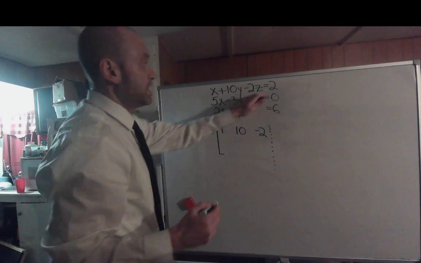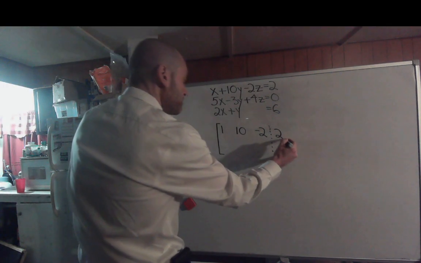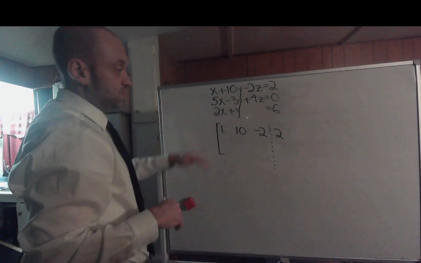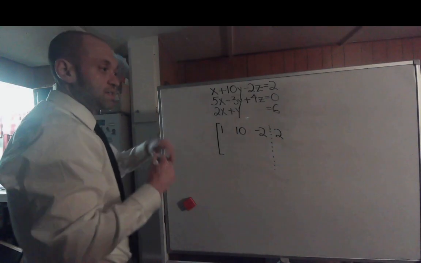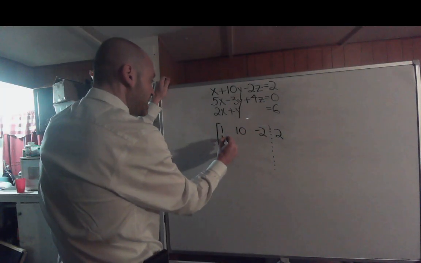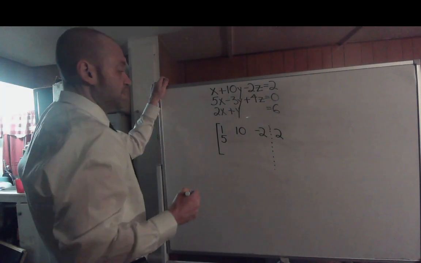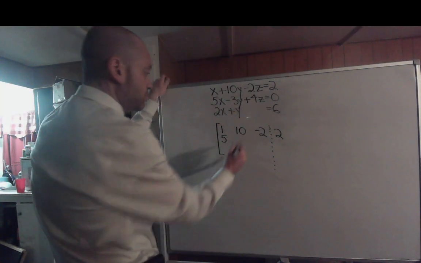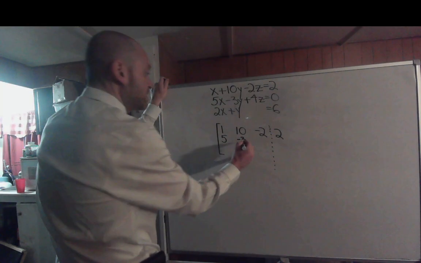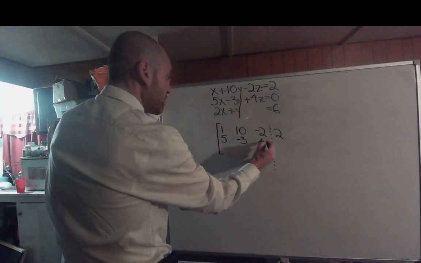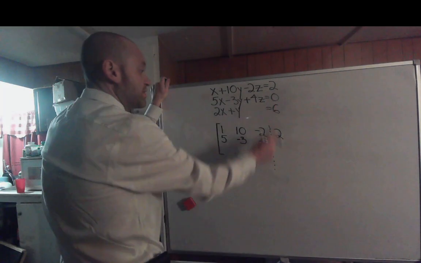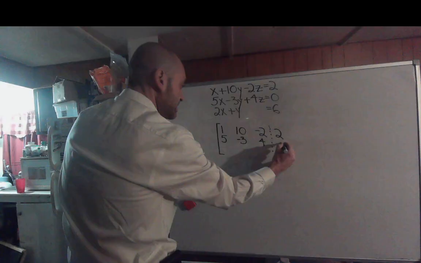To the right of the equal sign is 2. Now let's start the second row. The first number is the coefficient on the x in the second equation. That'd be 5. And then the next number is the coefficient on the y. That'd be negative 3. Then the next number is the coefficient on the z. That's going to be 4. And then to the right of that augmentation line is that 0.